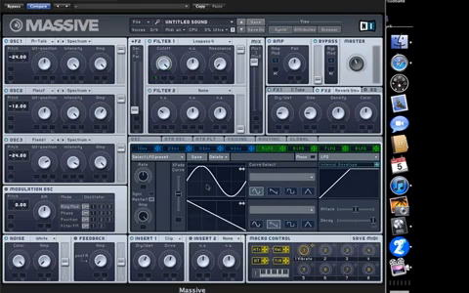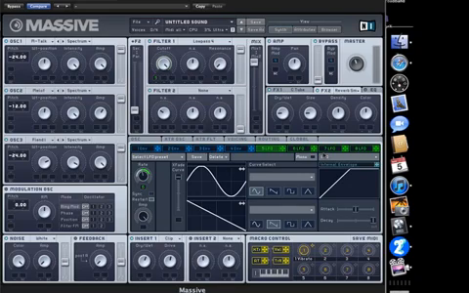Right. We use this top one here. Bring the rate down a bit. Now I actually used the LFO from this one here, attached it to the rate, like so.